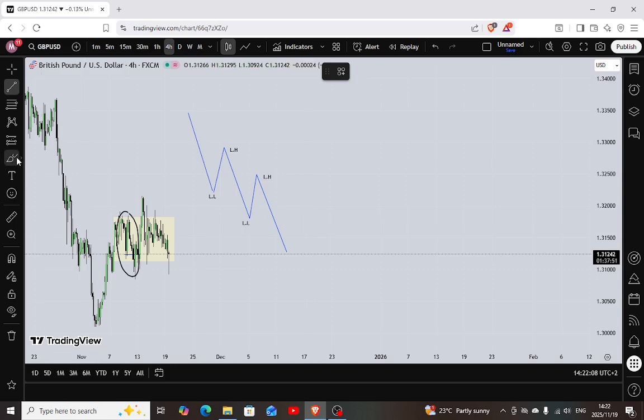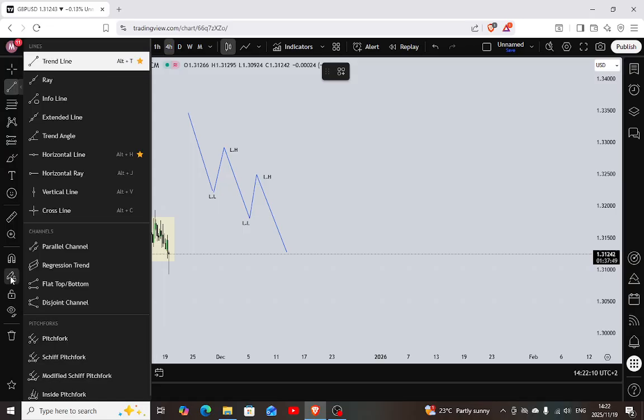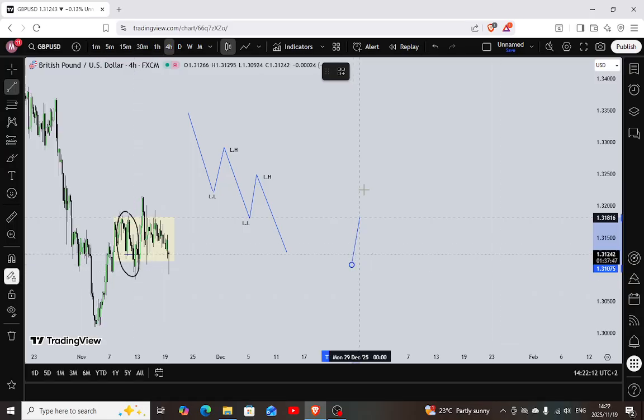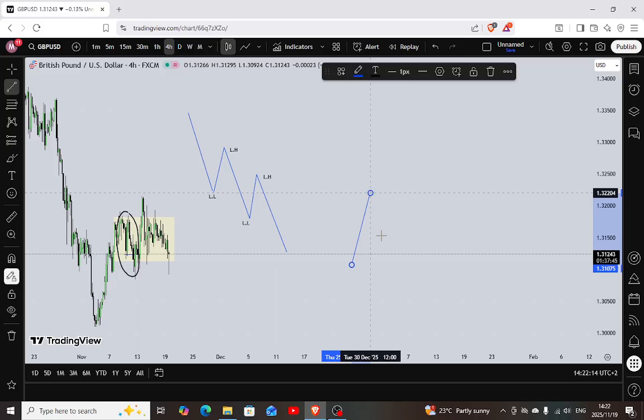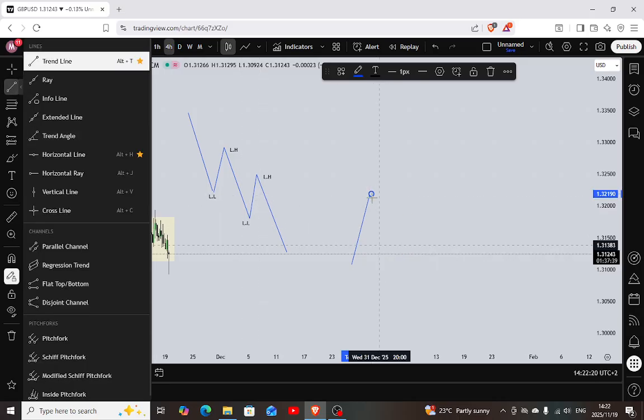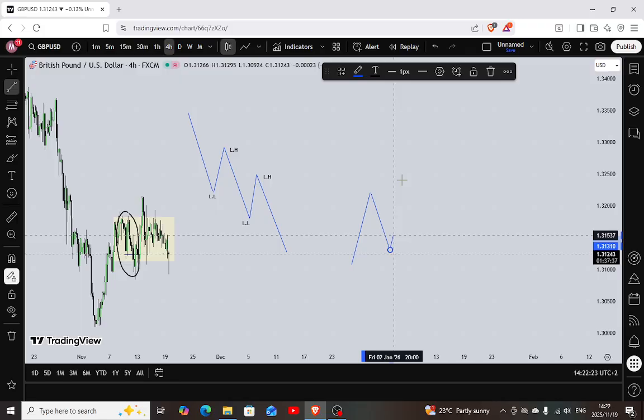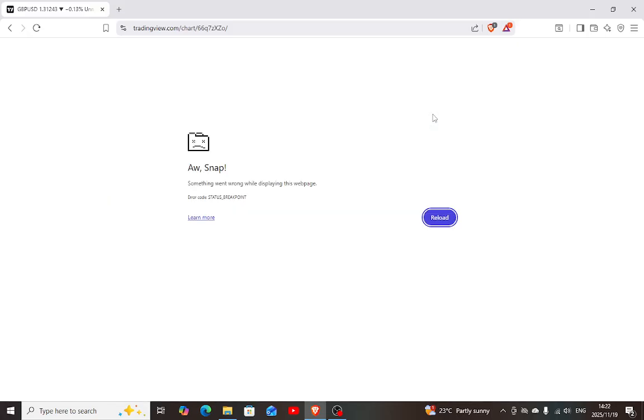And then for your uptrend, it's basically this: highs, break a previous high, find a higher low, break the previous high.